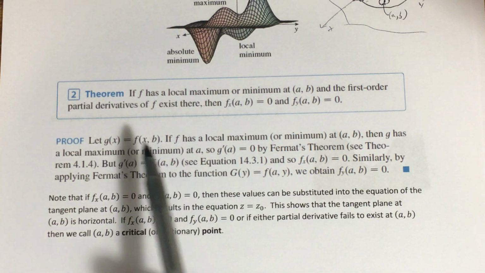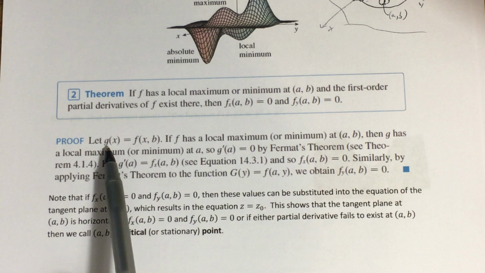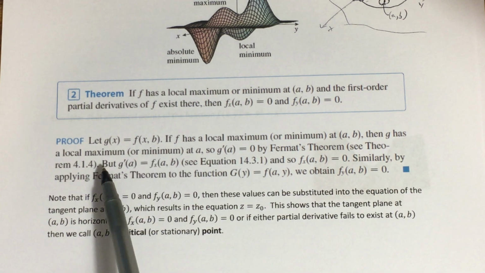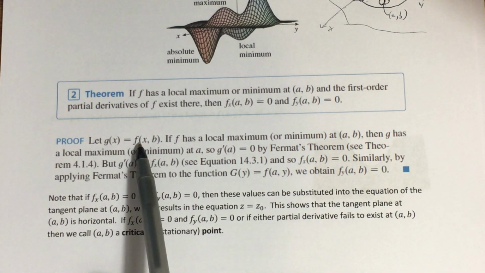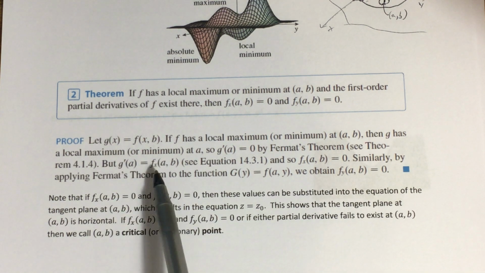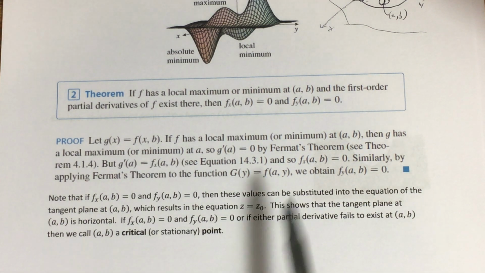But what is g prime in this context? Well, g prime is the derivative of this function with respect to x, which looks like the partial derivative with respect to x. So to say that we're talking about g prime of a is the same thing as saying fx, the partial derivative of f with respect to x at (a, b), plugging a in for the x there.